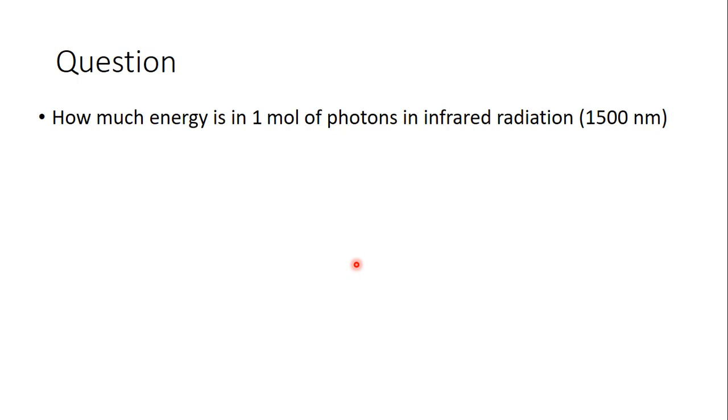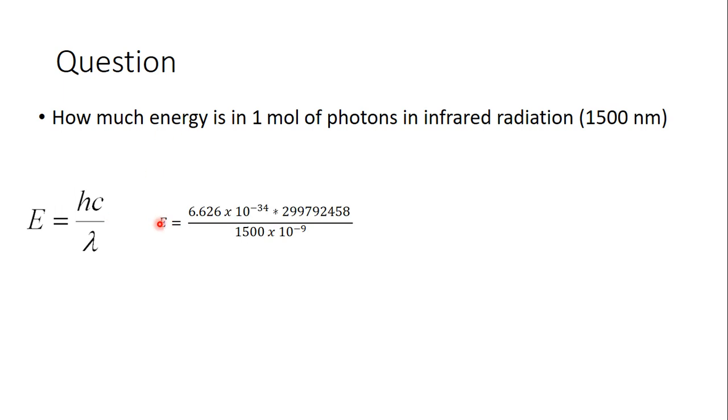Just so we are all on the same page and know how to use this, if I have 1 mole of photons in the infrared radiation spectrum, at 1500 nanometers, how much energy do I have? Go back to the previous slide where your equations are and see if you can answer this. Alright, our equation is E equals hc divided by lambda.